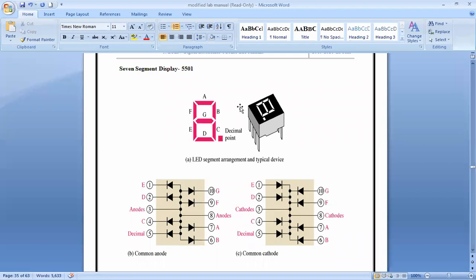So I will need another 7-segment display to display up to 99, right? This is capable of displaying only about 10 numbers, which is 0 to 9.